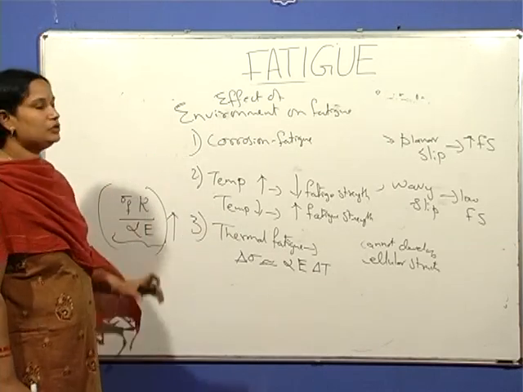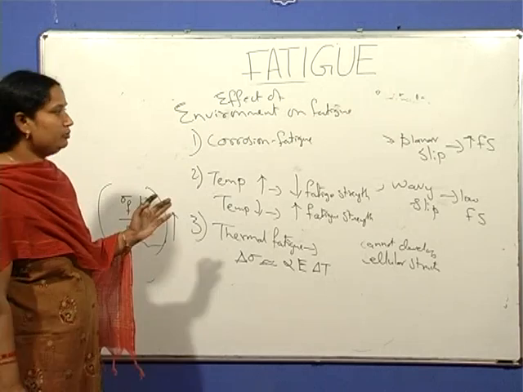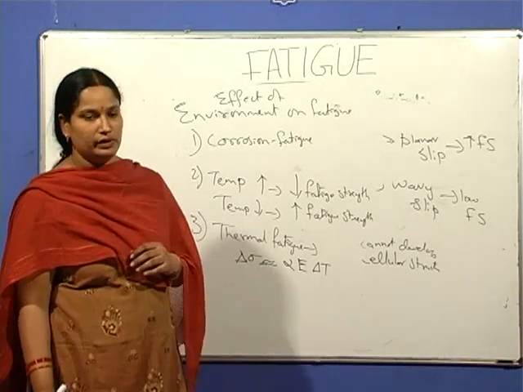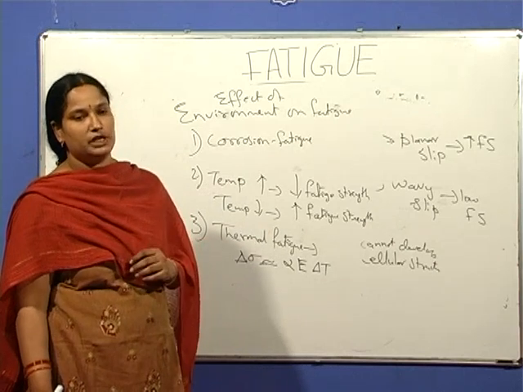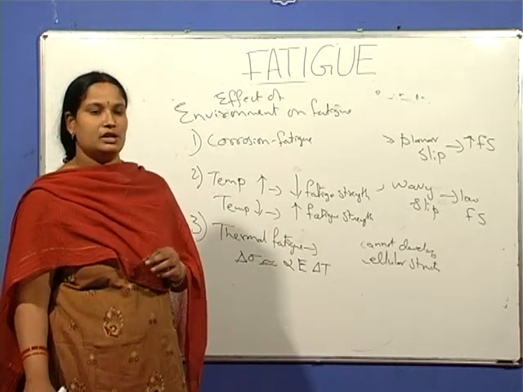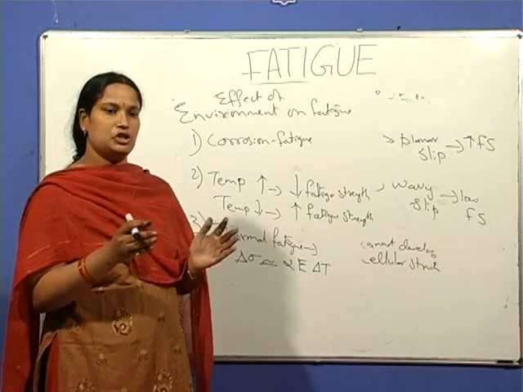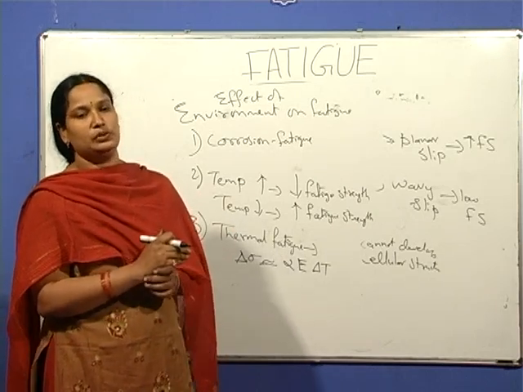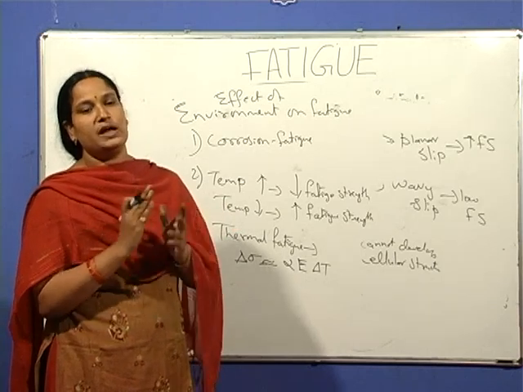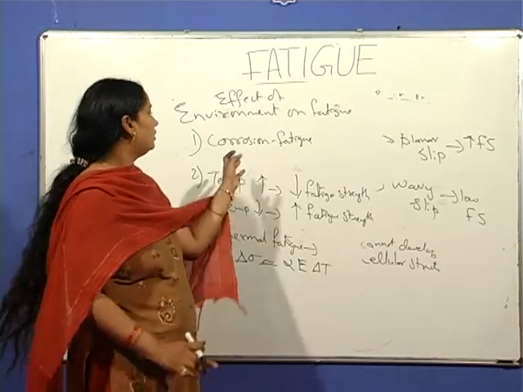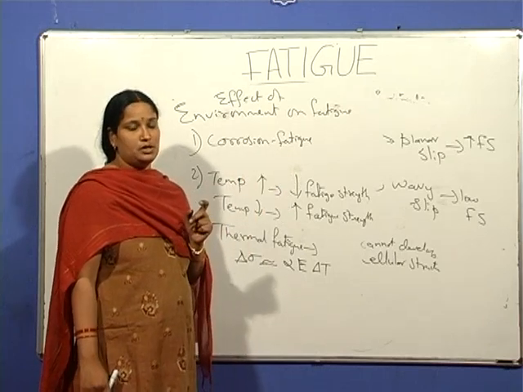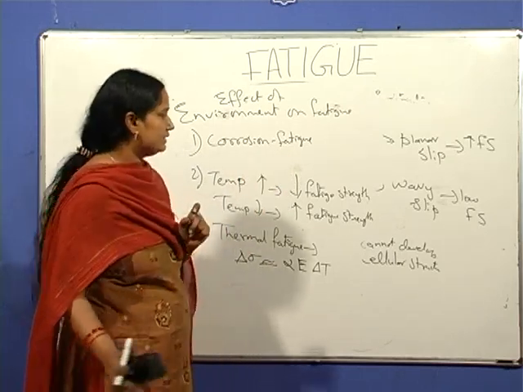Coming to corrosion fatigue, the simultaneous action of both corrosion and cyclic loading leads to corrosion fatigue failures. That means if there is a simultaneous action of a corrosive environment and the component is subjected to cyclic loading, failure occurs, which is known as corrosion fatigue failure.